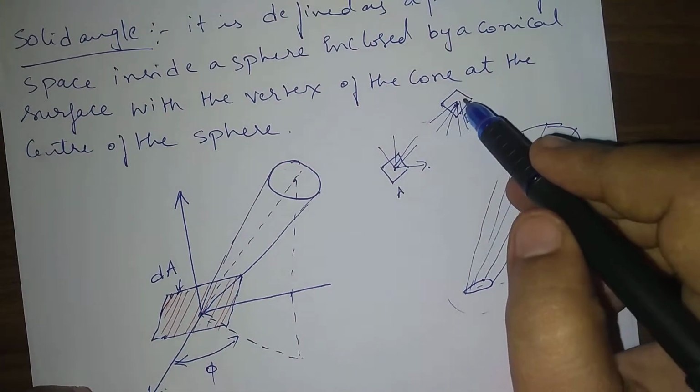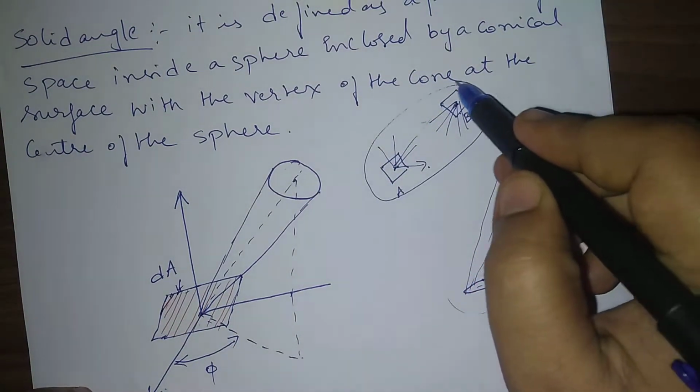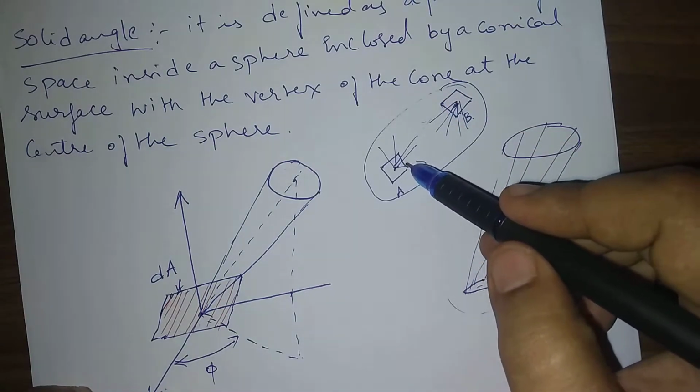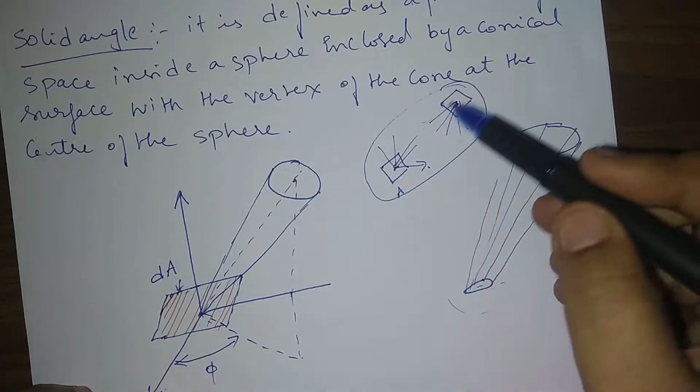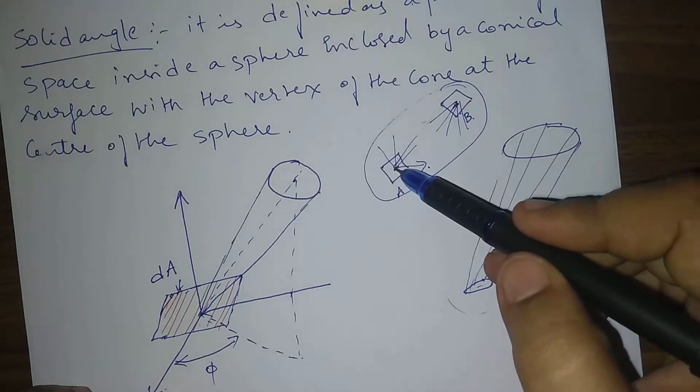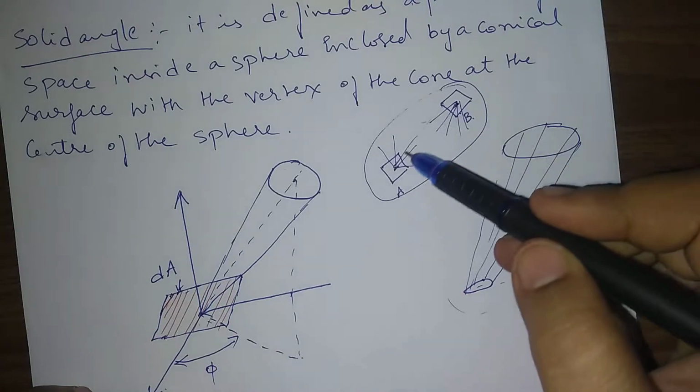But basically in radiation heat transfer, if you want to calculate the radiation heat exchange between body A and B, we need to find out this orientation first, how this body is seeing the other body.